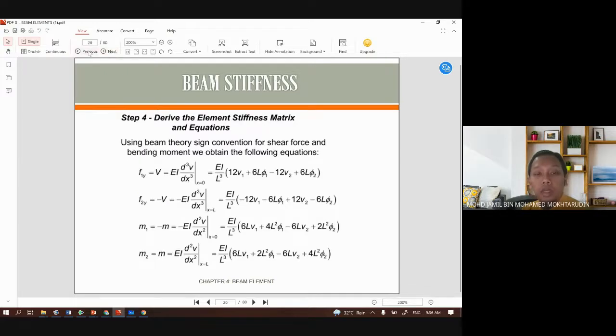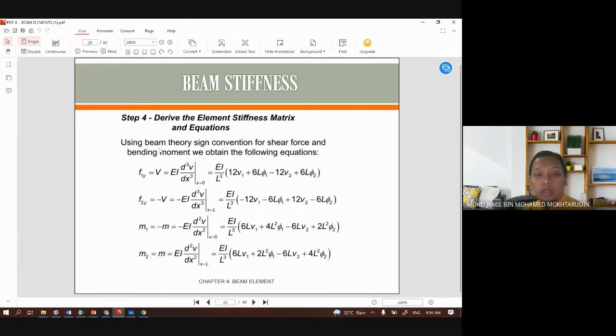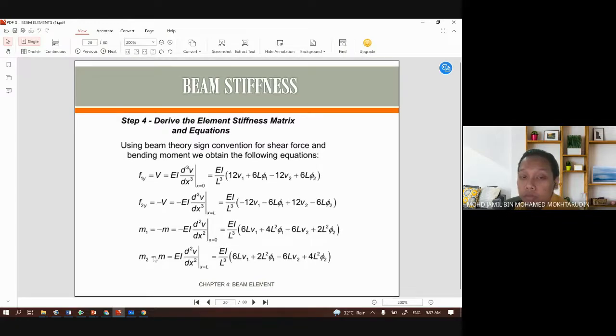Okay, so again we can derive the shear force and bending moment. And then using beam theory and sign convention that I explained previously, we can find the shear force F1y. So shear force of each of the nodes and also the moment of each of the nodes. So we just differentiate.